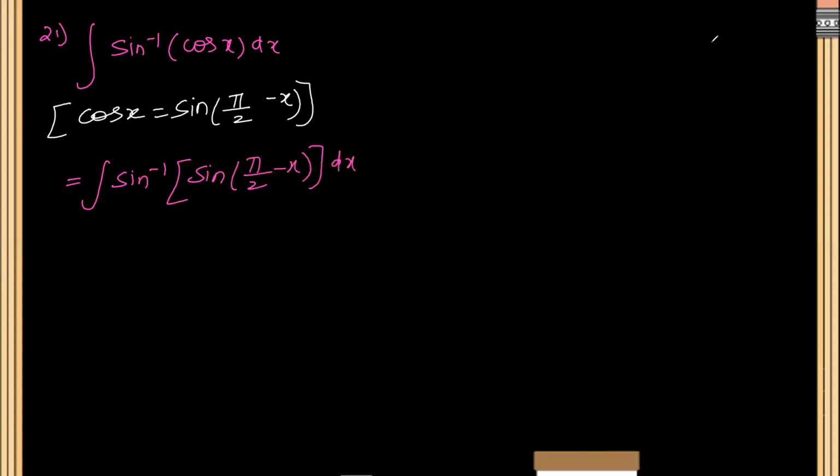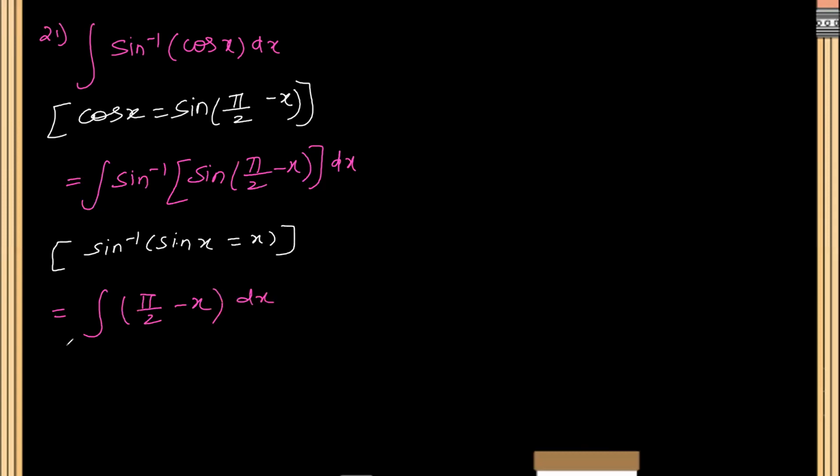From the inverse trigonometric chapter, we know that sine inverse of sine x can be written as x, because we have inverse and trigonometric function, so that gets cancelled. So this step can be written as integral of the argument alone, that is pi by 2 minus x dx. Now separating this as two integrals, we don't have any x terms in pi by 2, that means it is a constant.